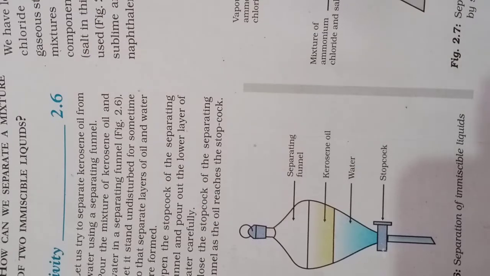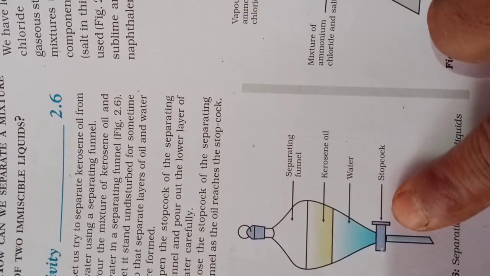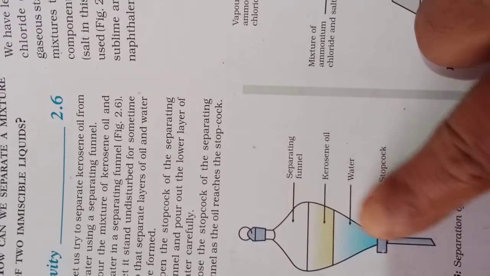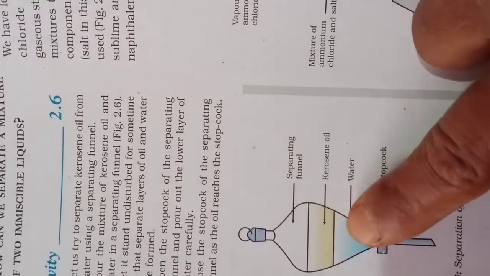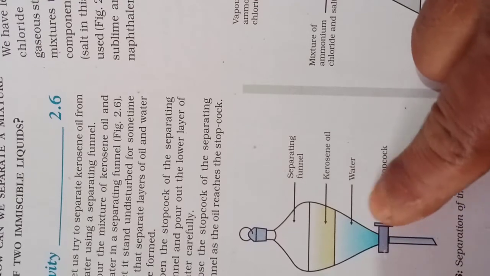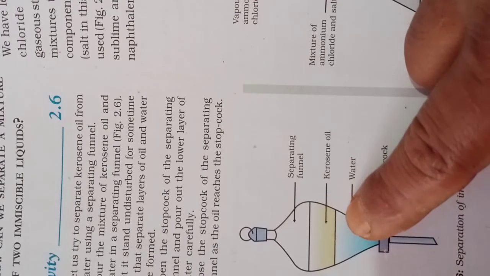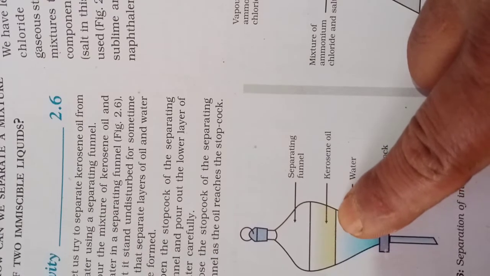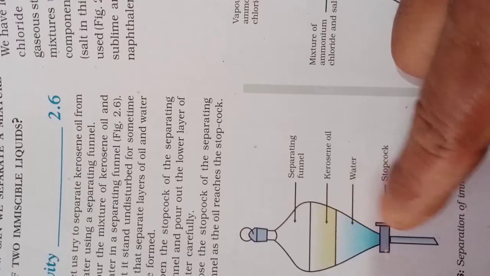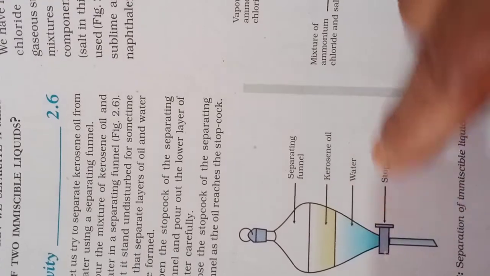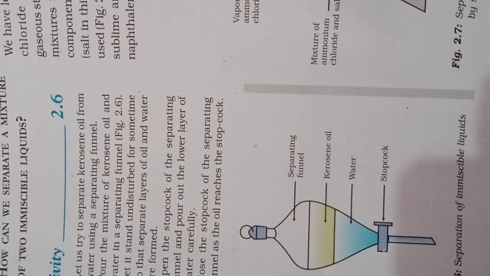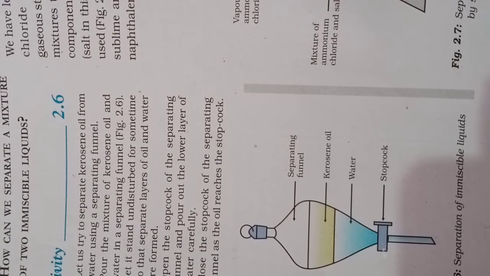In the separating funnel, we have a stop cock here. When you put the solution in the separating funnel, there will be separate layers. If you open the stop cock, the heavier layer will flow down. When it reaches the upper layer, you close the stop cock, and the layers are separated like this. This is separation by separating funnel, which is used to separate two immiscible liquids.